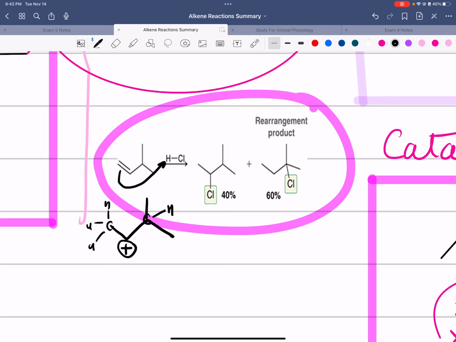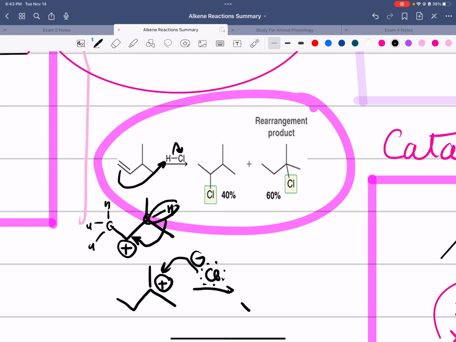Therefore, the only way to make it more stable is a carbocation rearrangement to the right, and it will be a hydride shift. So we'll take a hydride and move it in here, and then we'll have our positive charge, and then we'll have our chlorine, which is gonna be able to attack.